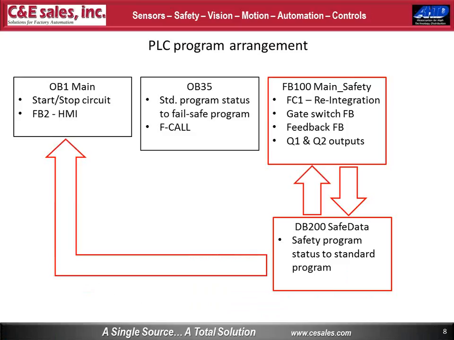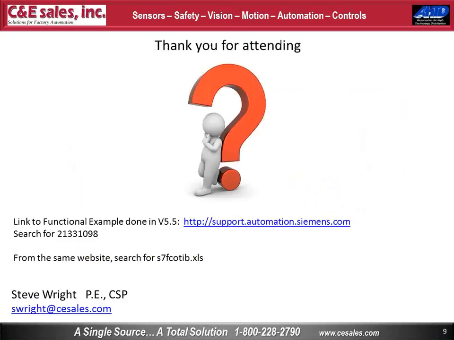So that's a fast and quick look through the PLC program and the hardware configuration for this setup. What I've shown here is shown in the classic version of Step 7, and on the support site, this functional example 21331098 is another reference where you can see it done a little bit differently.